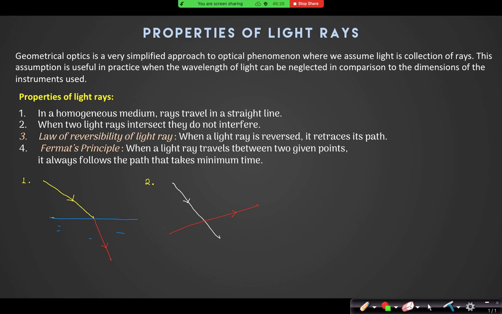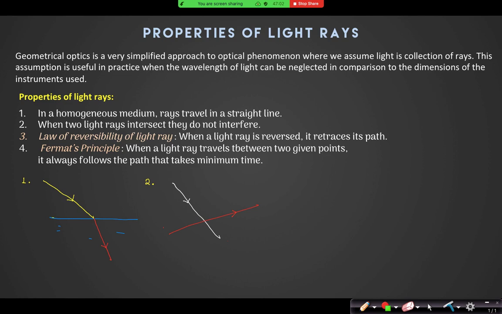Few properties can also be explained by particle nature of light, right? But all the properties can be explained by the light rays. I am going to analyze those properties by light rays.